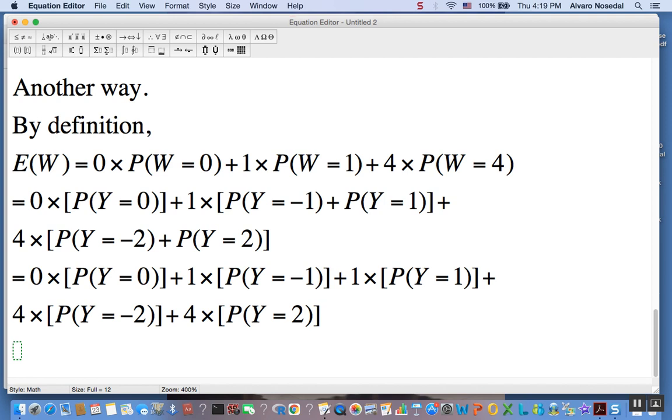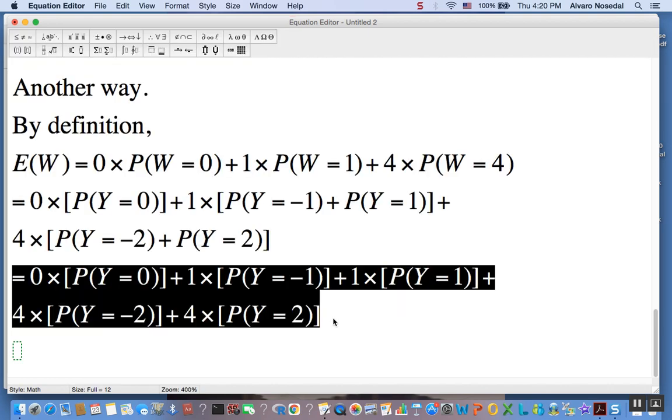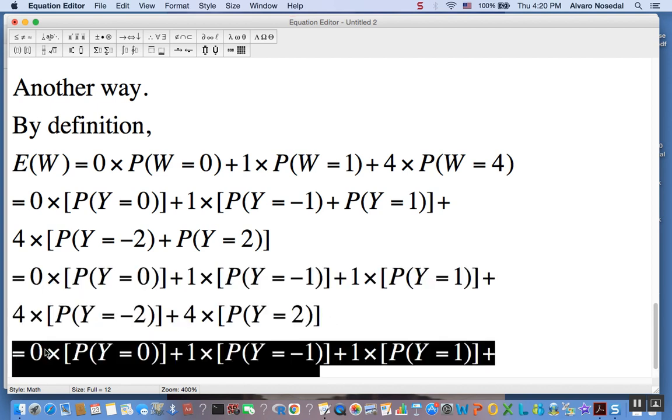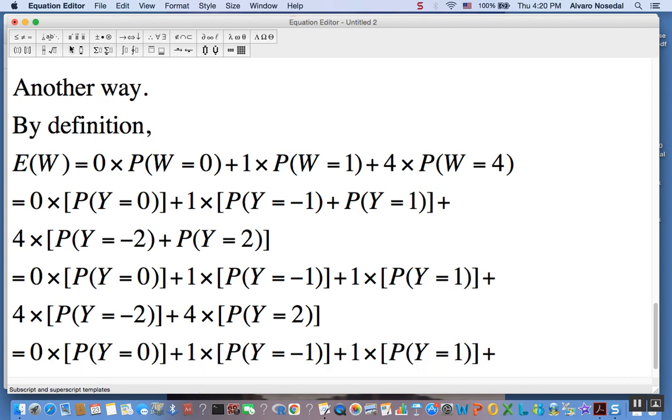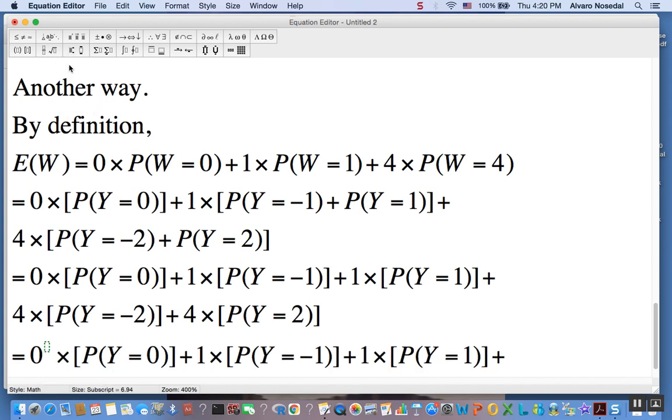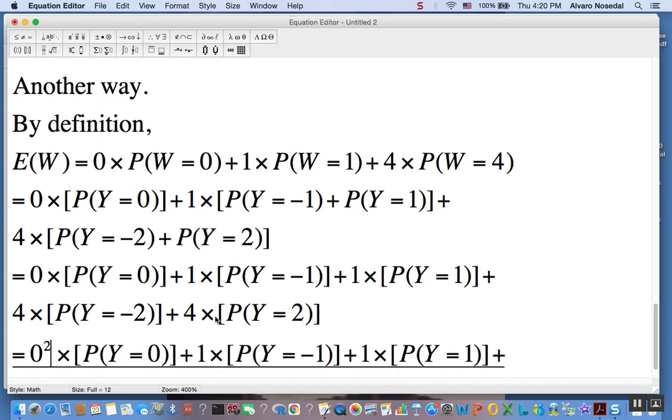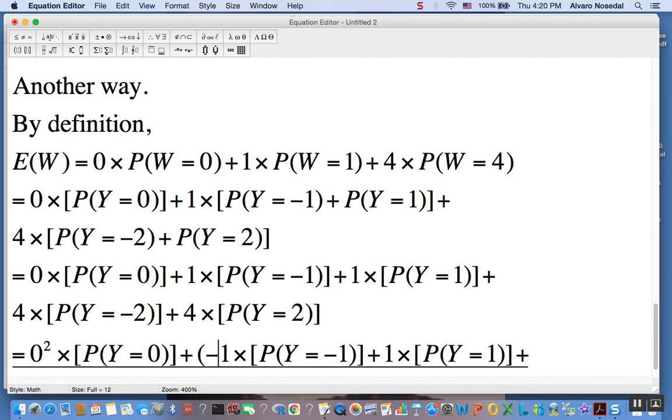But now we are going to make another observation. Interesting. We're going to rewrite that expression. 0 is the same as 0 squared. 1 happens to be the same as -1 squared.